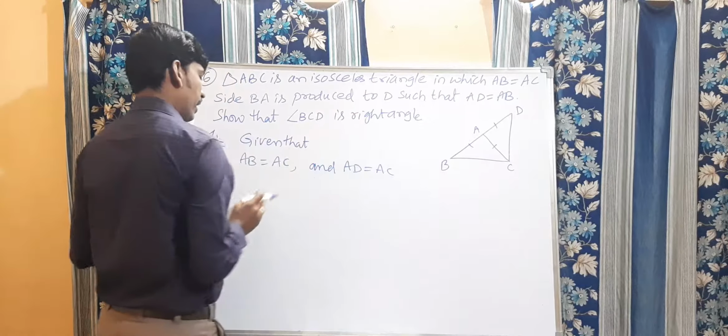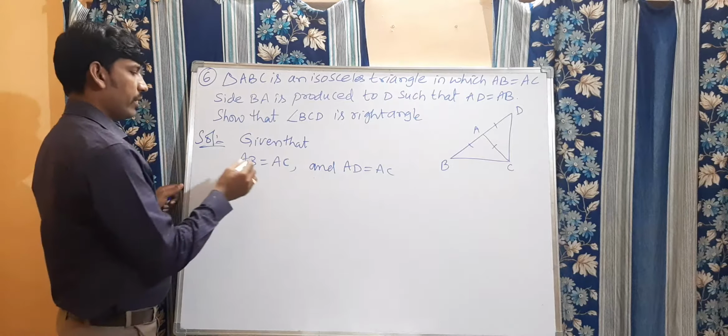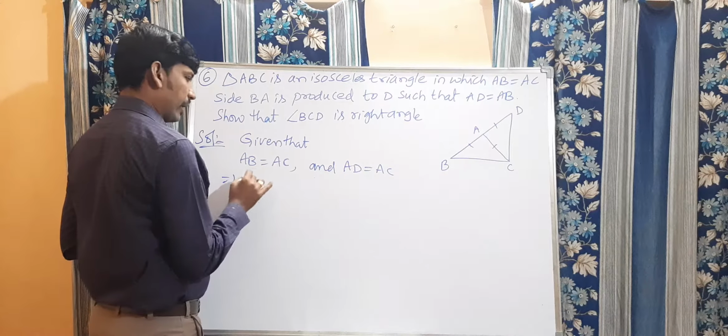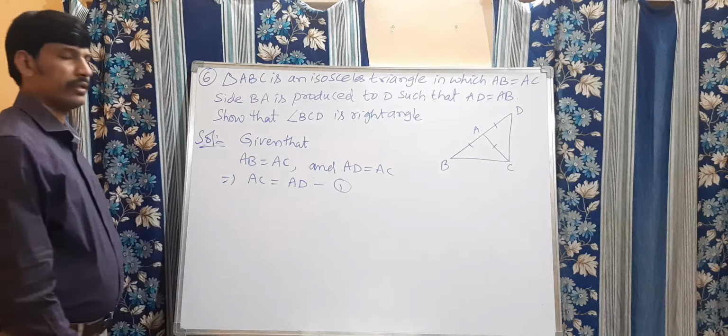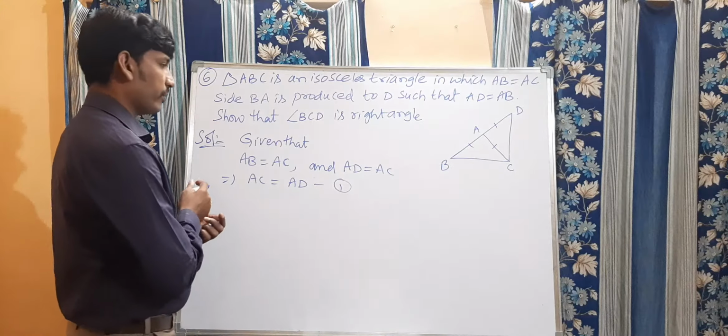Given that AB equal to AC and AD equal to AC, from these two, we can say that AC is equal to AD. Equation number 1, you have to keep it in mind. Right? Now, see this here.